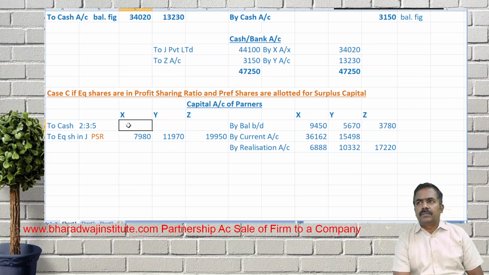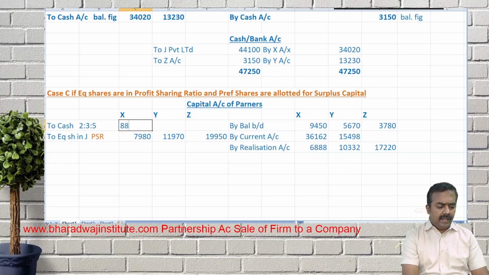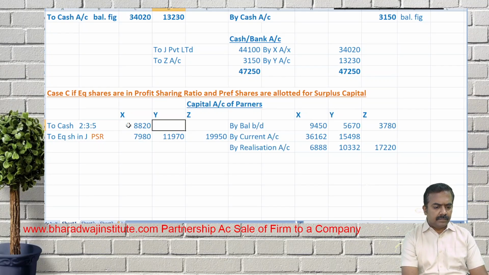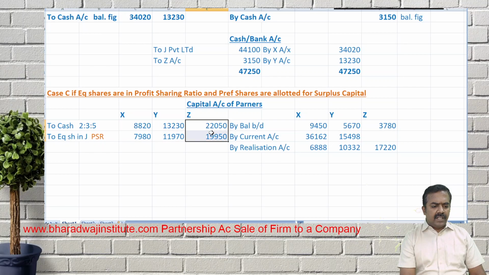What is the amount? 8820. 13230. Then 22,050. Wait.